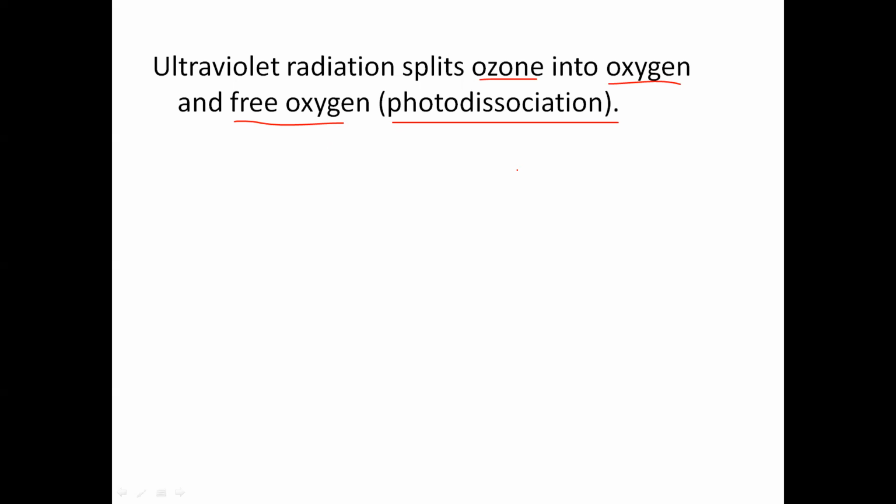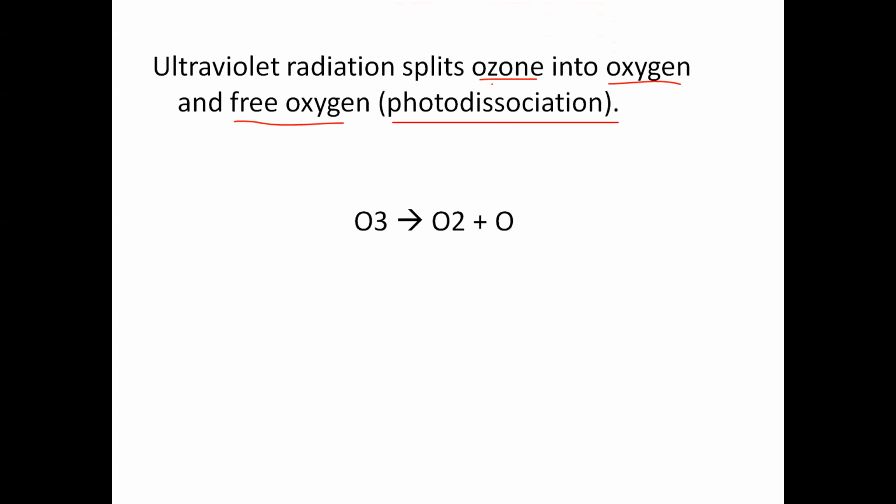This is what's happening in the ozone layer. There's an interaction between the ultraviolet radiation from the sun with the ozone molecules. And what happens is that these photons, in the form of ultraviolet radiation, split the ozone into oxygen and free oxygen.